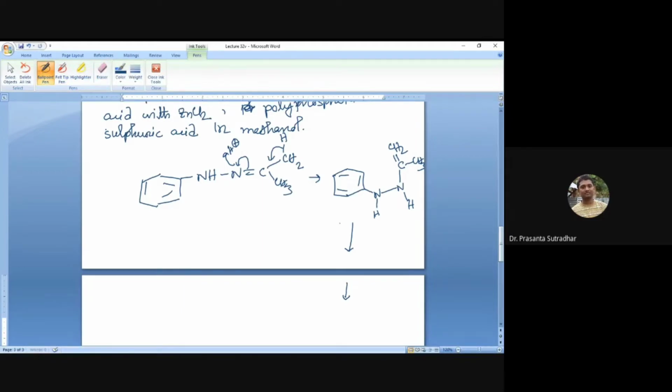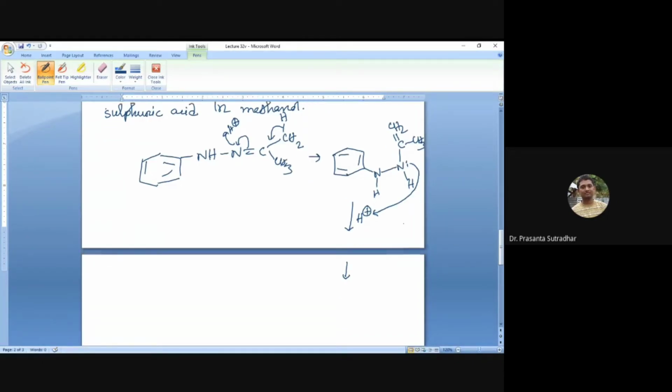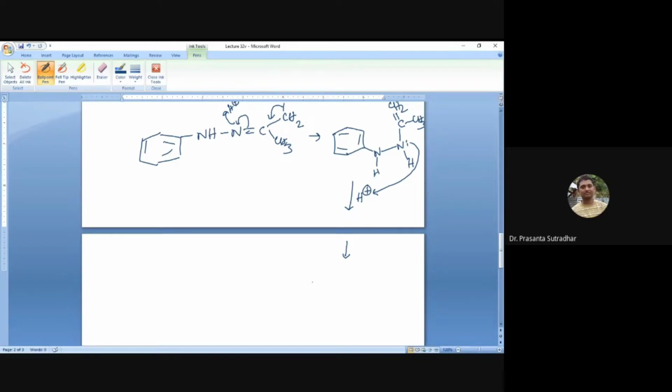Before doing that, I will give H plus. So the lone pair of this nitrogen atom will take this H plus, and it will convert into an NH2 group. NH2, CH2 positive. This is positively charged.